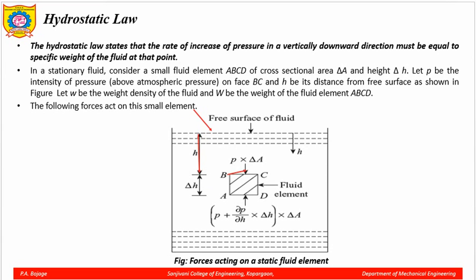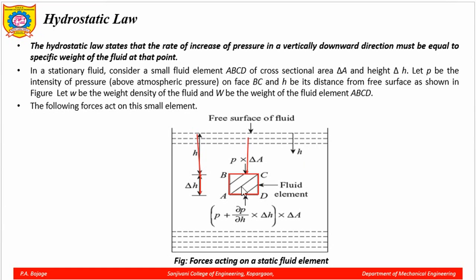This is the free liquid surface, and that fluid element you can consider to be a square element having the dimensions A, B, C, D. Now, the pressure acting on the liquid in the downward direction is P into the cross section area. So, delta A is nothing but the cross section area of that surface, and it is at a distance h. Now, the height of the fluid element is delta h, right.